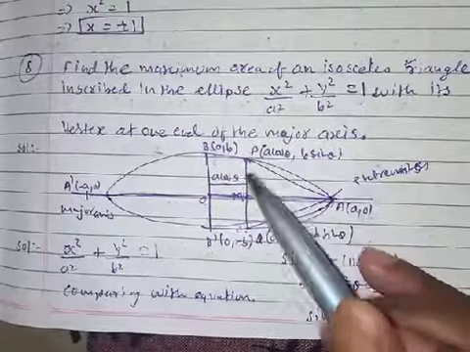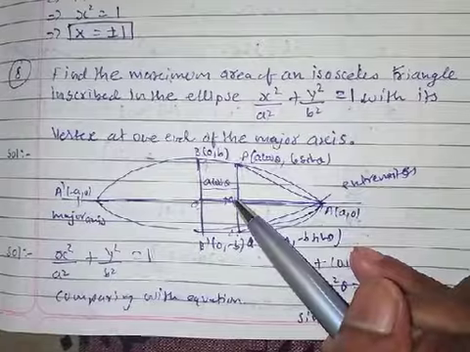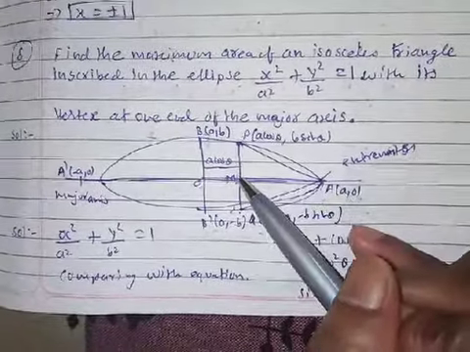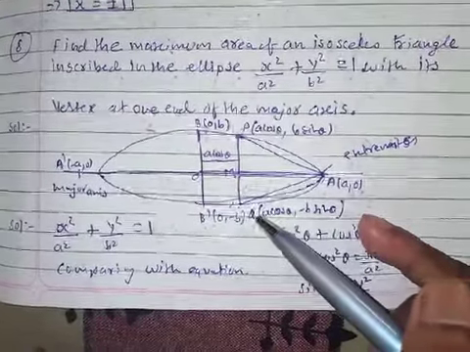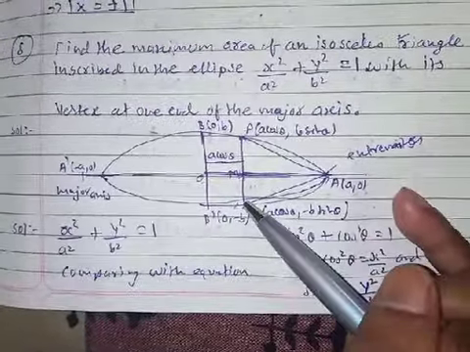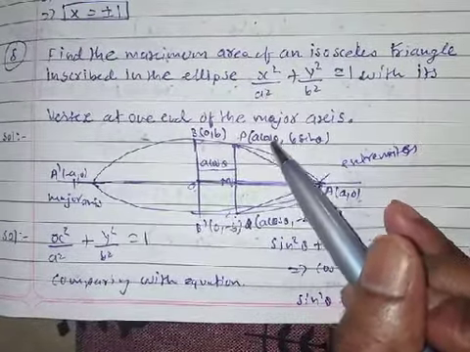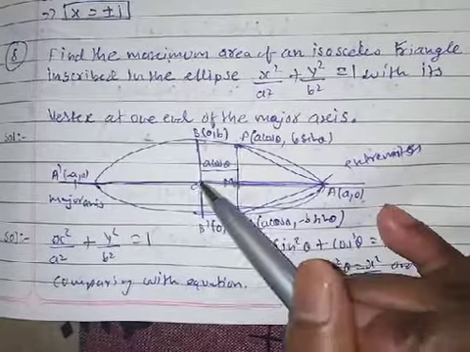If it is so, this you have to understand. This is suppose P(x, y), and Q is (x, minus y). But what is the value of x? We say x is a cos theta and y is b sin theta. So this is y, this is x.